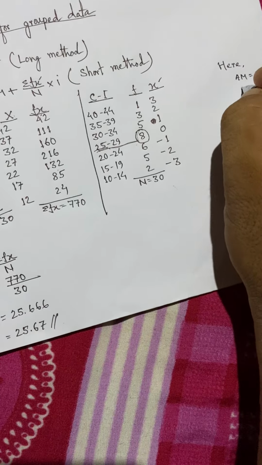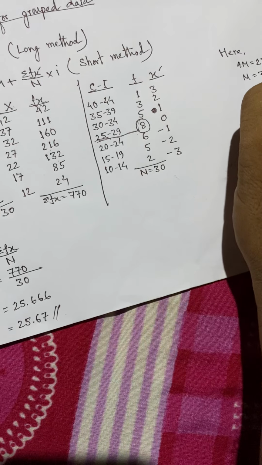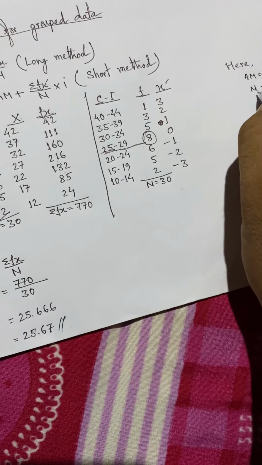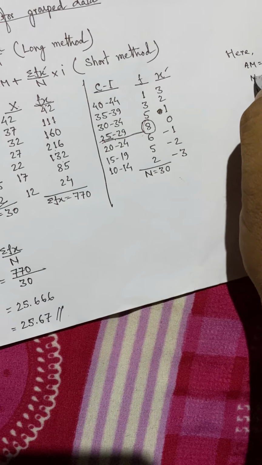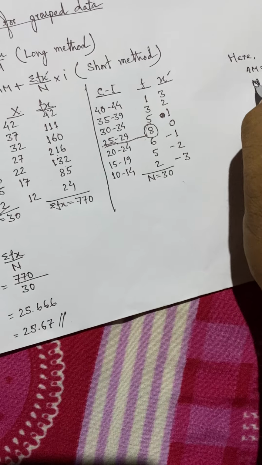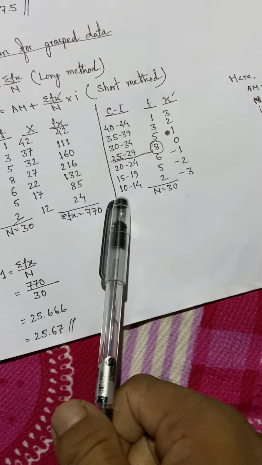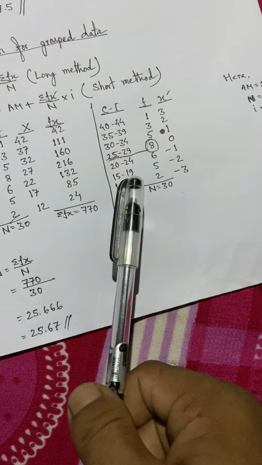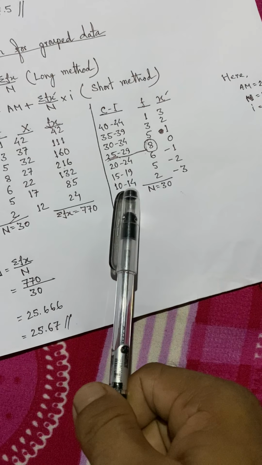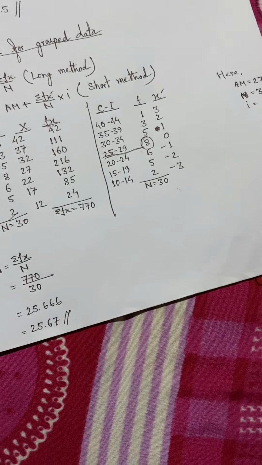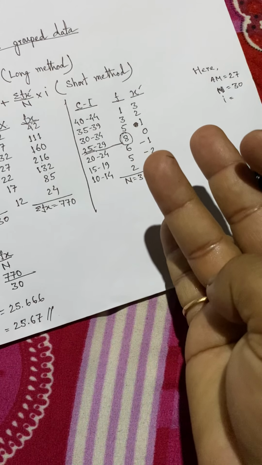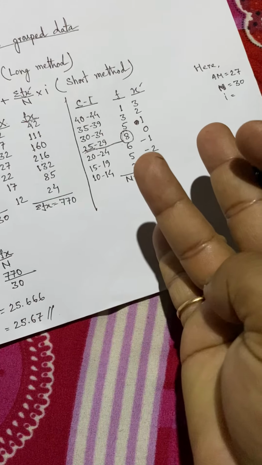Then n, we have n is equal to 30, and I means what? I means the width of the class interval, that is the length of the class interval. How many units are there in a class? So 5. You see, 1, 2, 3, 4, 5.